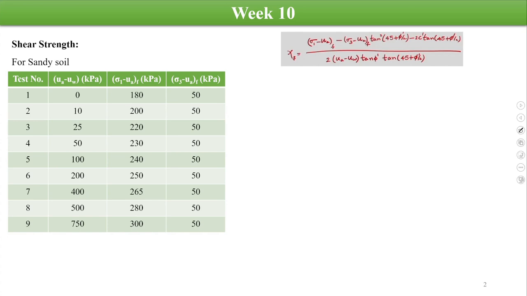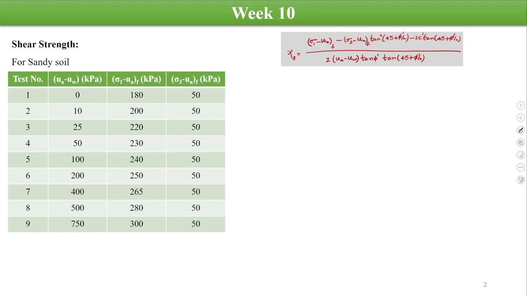In the numerator we have (sigma 1 minus u_a minus sigma 3 minus u_a) multiplied by tan square (45 plus phi dash by 2) minus 2 c dash tan (45 plus phi dash by 2). The denominator includes 2 times (u_a minus u_w), the matric suction, tan phi dash tan (45 plus phi dash by 2).